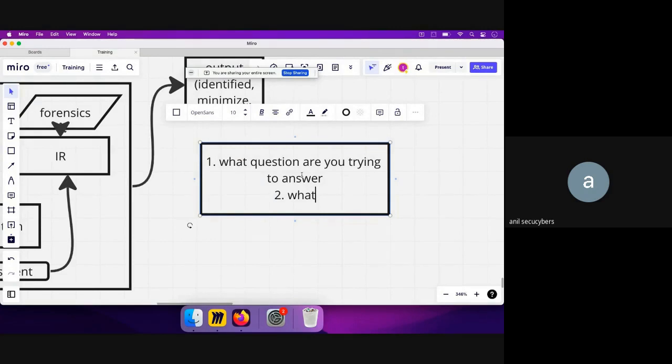Let's say there's a hard drive of an employee who did some policy violation, for example, visiting a website which is not allowed by the company policy.